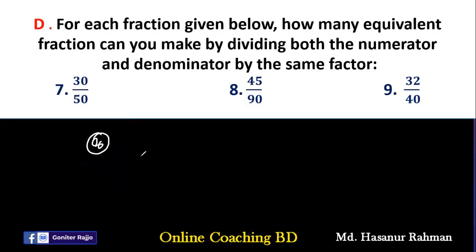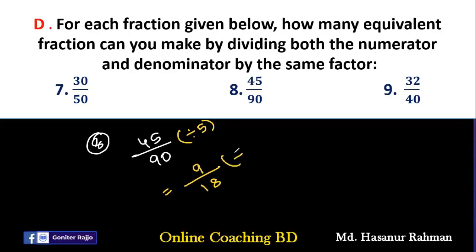Now number 8. Number 8 says 45 divided by 90. So how can we find out the lowest one? At first we have to divide 45 and 90 by 5. Simple. Then we'll get 5 9s are 45 and 5 1s are 5. So there's a 4 left, 45 8s are 40. Then we can divide it by 3.